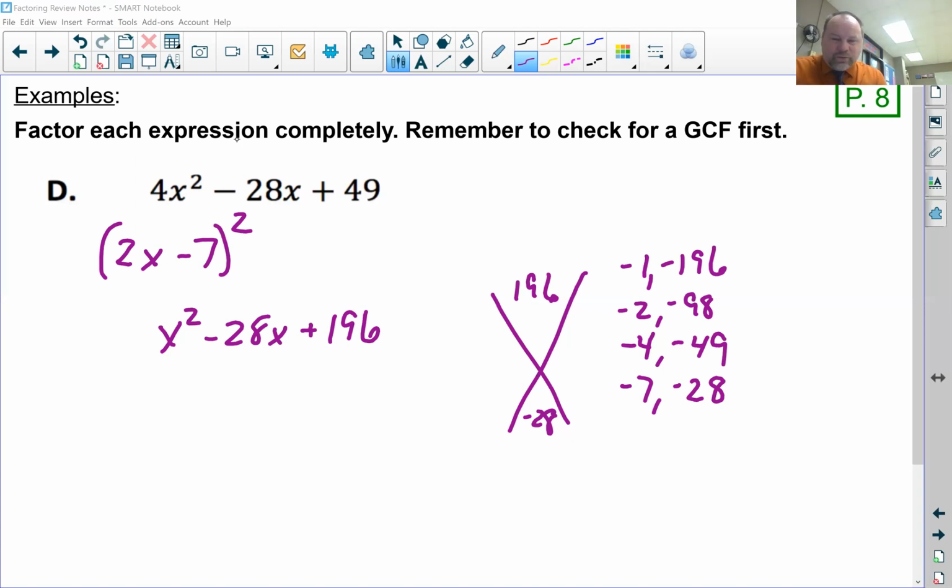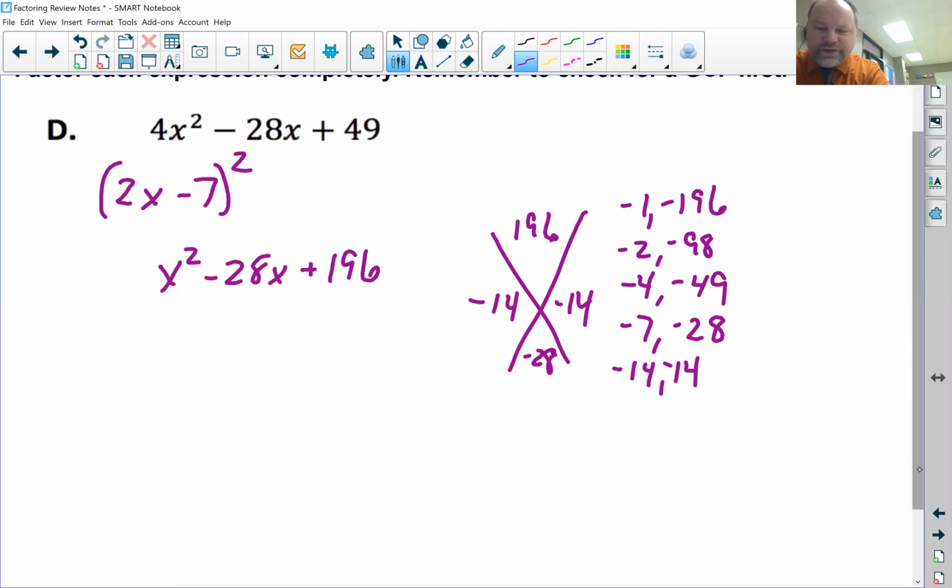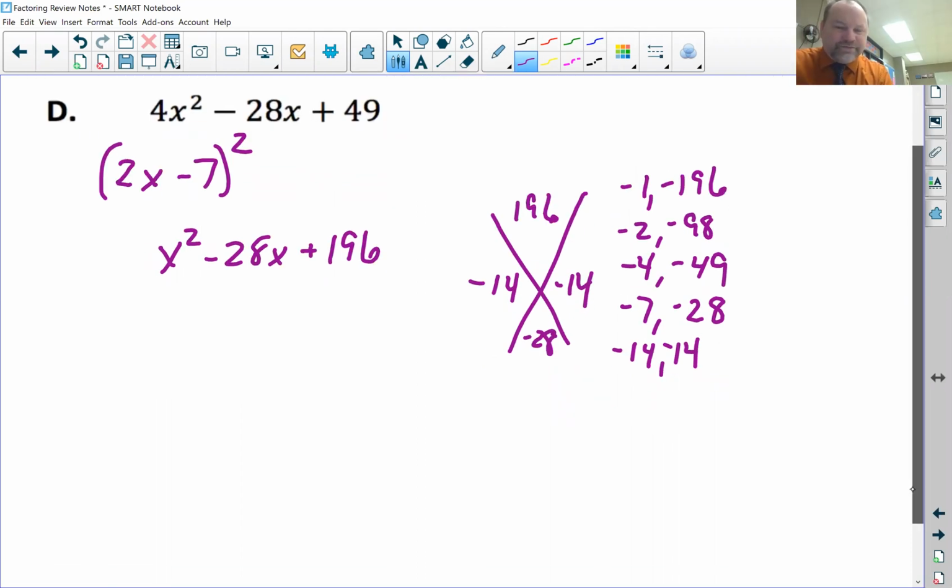But 13 does not work. 14 does. And that adds to negative 28. So not a lot of factor pairs, but we had to go to a lot of numbers to get to our factor pair.